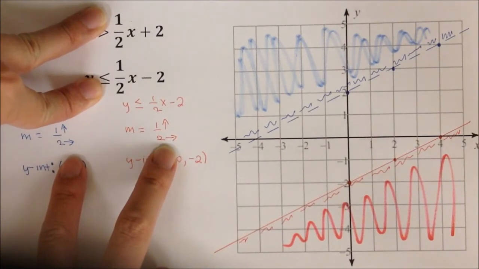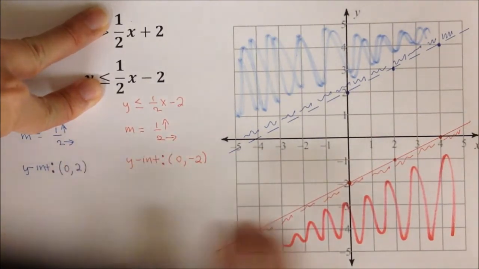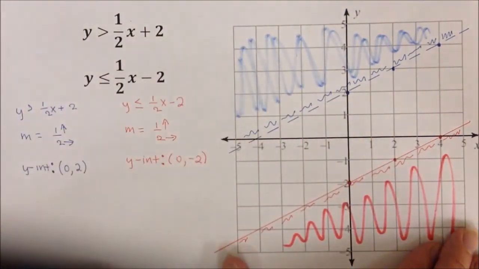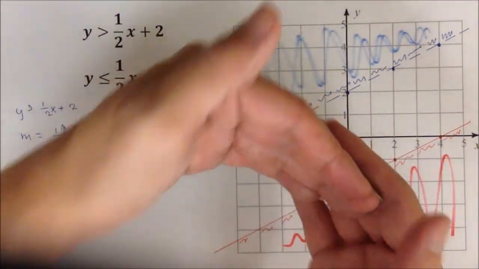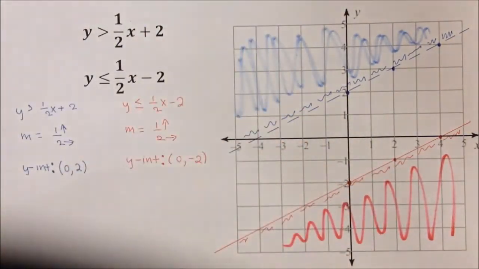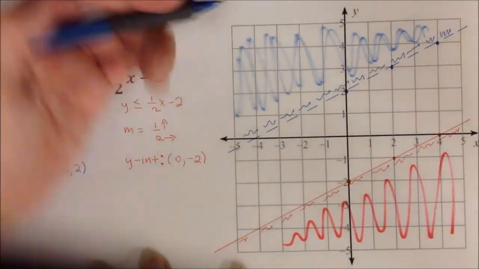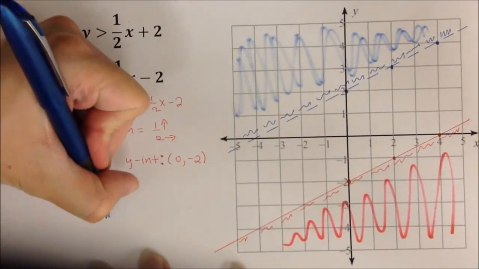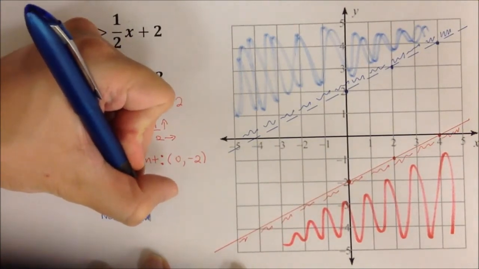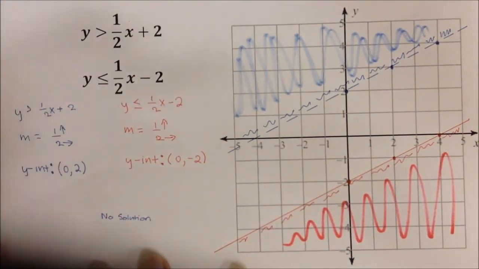So in that event, if the shadings are on opposite sides, meaning that they don't cross each other, they don't overlap each other, nor touch each other, your answer will be no solution. So that's going to be our final answer. No solution.